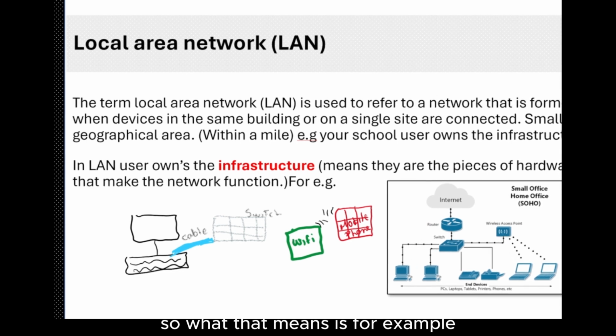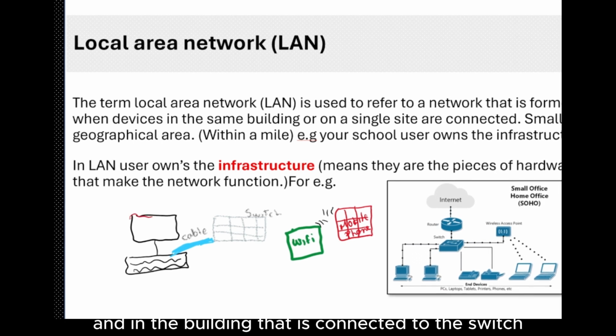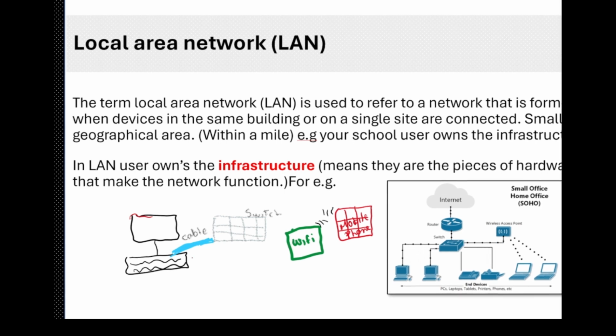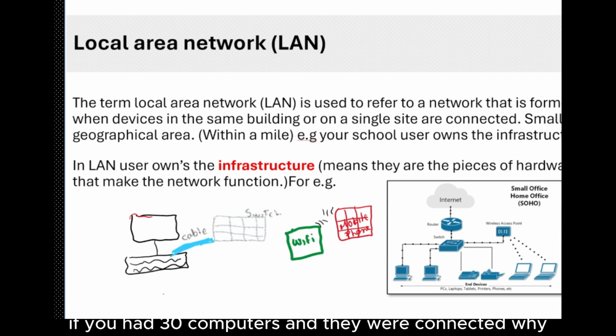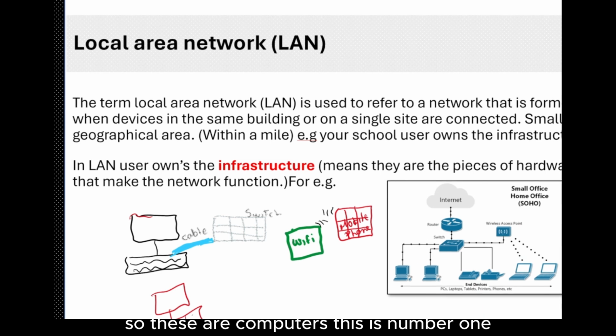For example, you have a computer here, and in the building it is connected to the switch. As I said, if you had 30 computers connected by wire, this is number one, this is number two, so there are 30 computers.